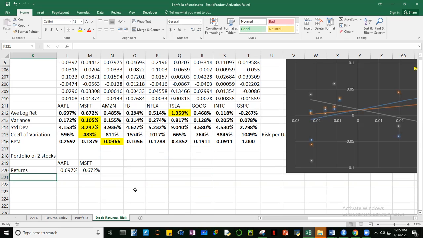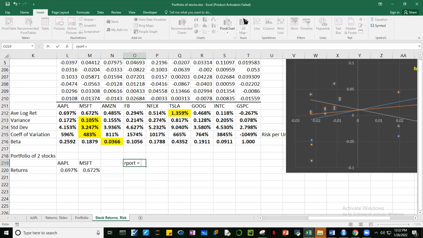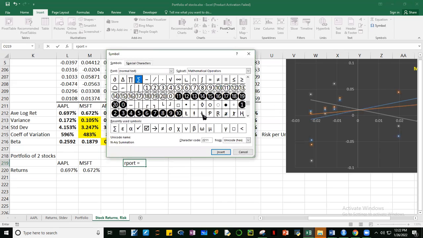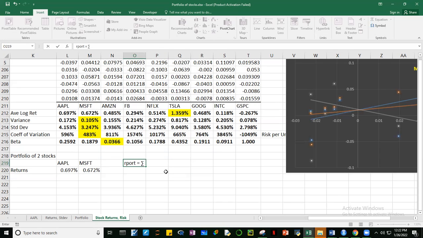So how do you compute for the returns of yung Apple at saka Microsoft yung nasa portfolio natin? Okay, it's very easy to compute for the returns of that. So the formula is our portfolio is equal to, insert natin, symbol.